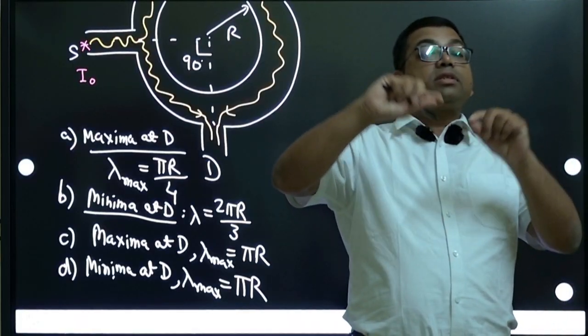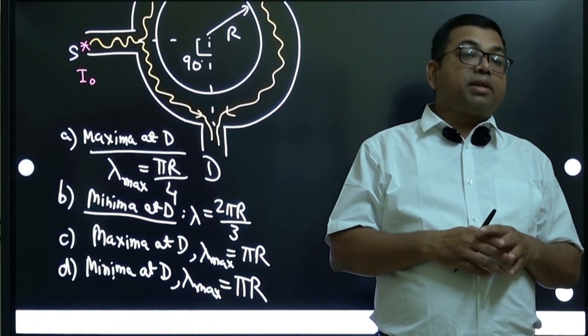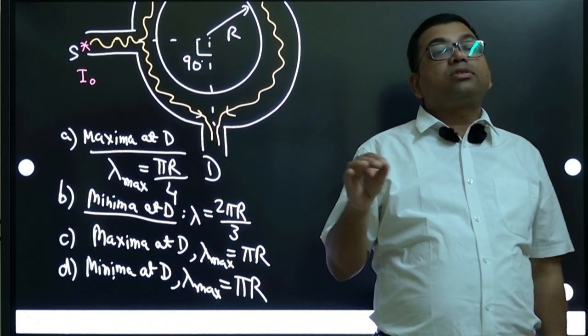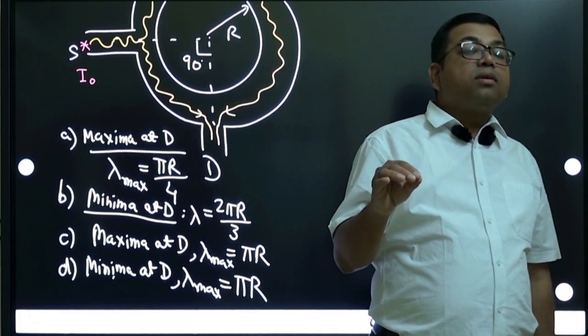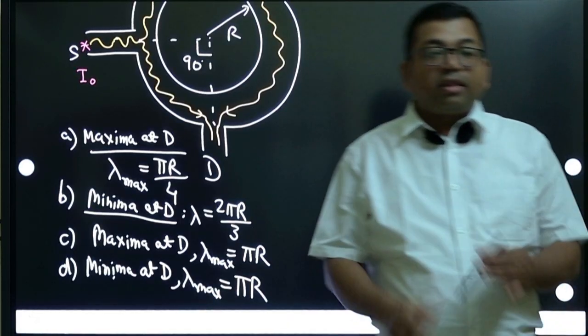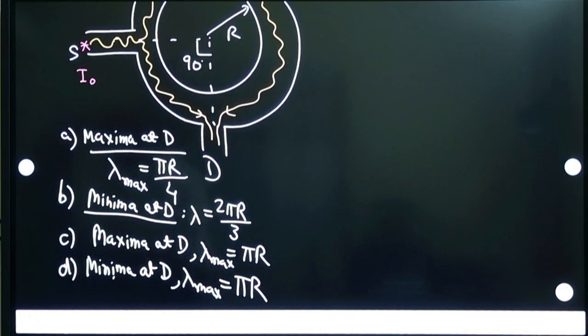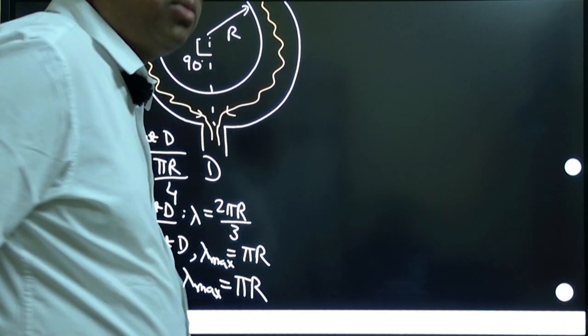Path difference means the distance traveled by the wave from the two paths. Take the difference of that path. Then apply the condition of maxima and minima. From that condition you should be able to solve this. Try this quickly. And there may be more than one option possible.